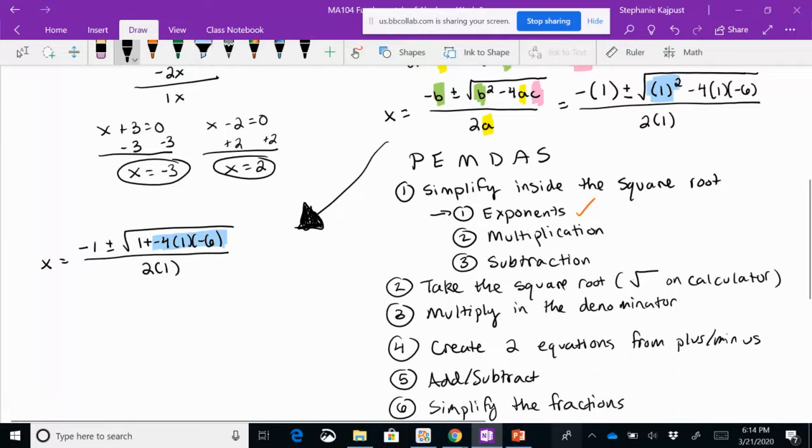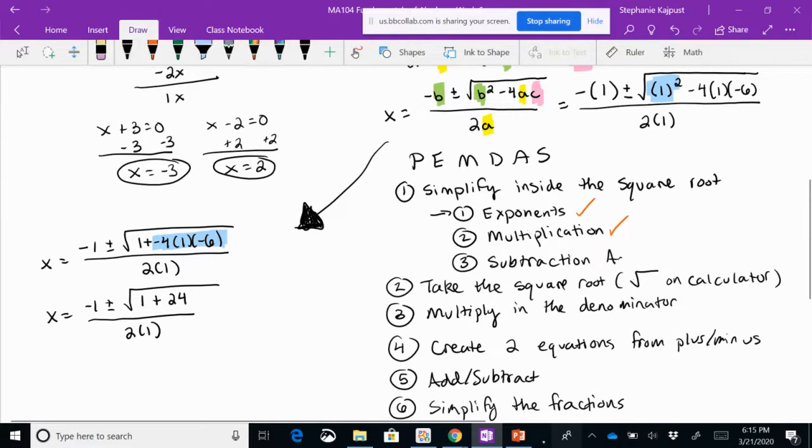And you can just do those all on your calculator or in your head. So I have my 1 plus, and then -4 times 1 times -6 gives us a positive 24. So I'm going to write plus 24. And then it's over 2 times 1. So I did the multiplication that's inside the square root.